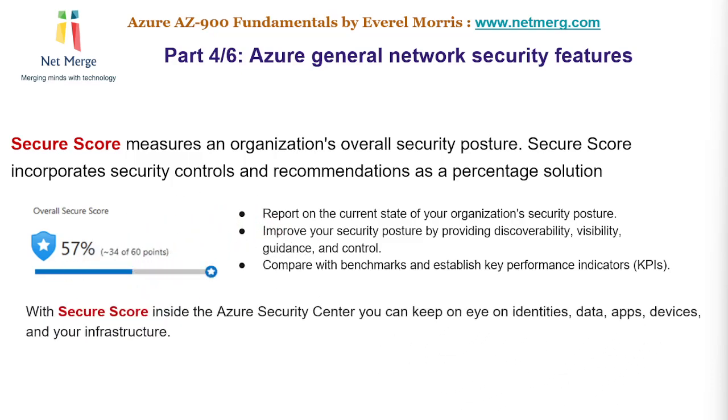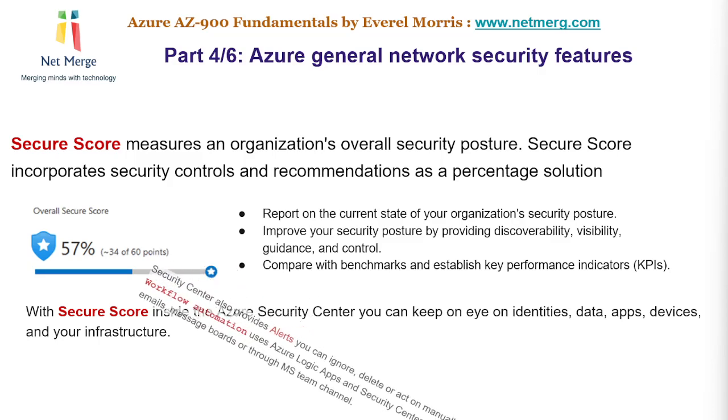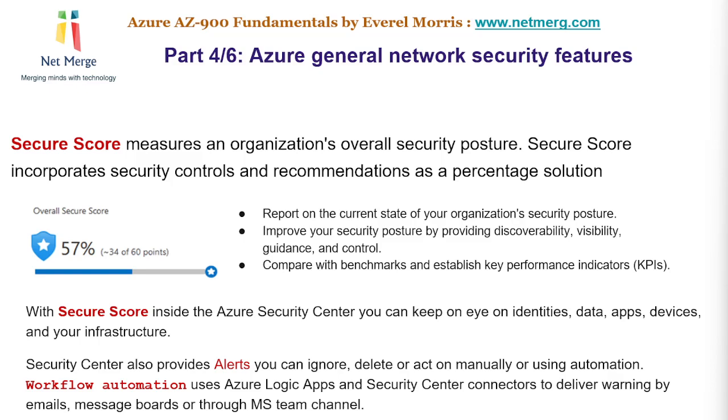You can also use security score in Azure Security Center to keep an eye on identities, that is your passwords, your usernames, and other security features that you would have. You could keep an eye on your data, your databases, your applications, your web applications, your devices and endpoints, and your overall infrastructure. So the security score provides another look at your security posture for you in a very granular manner.